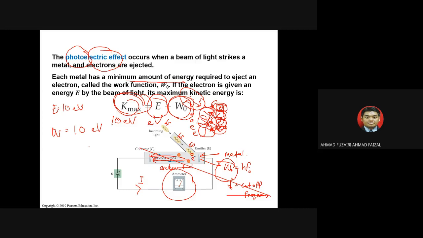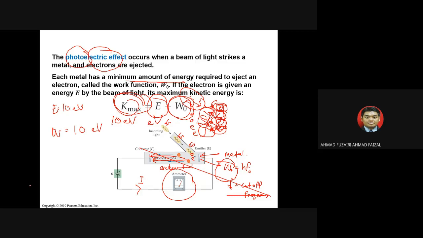how can we get the electron to be released from the atoms? Yes, the photon energy must be equal to or greater than the work function. Then we can have a Kmax, and the Kmax is the kinetic energy of the accelerated electron. So we can measure the value of Kmax by deducting the work function from the energy.